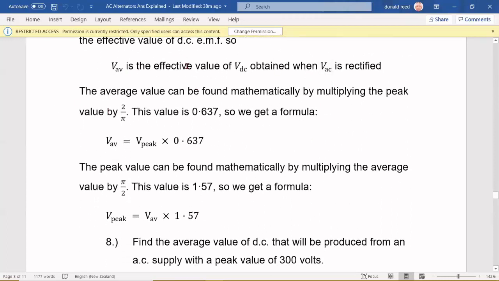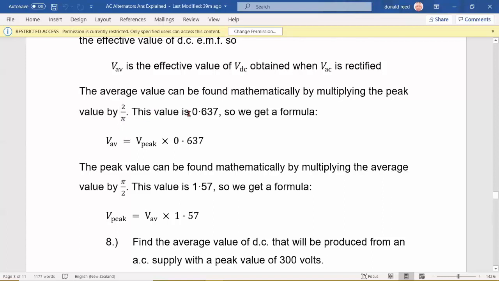Okay, so V average is the effective value of DC obtained when VAC is rectified, pulsating. The average value can be found mathematically by multiplying the peak value by 2 divided by pi.